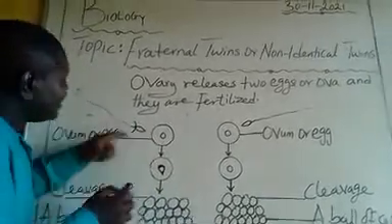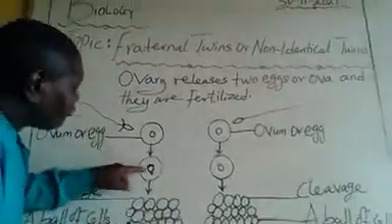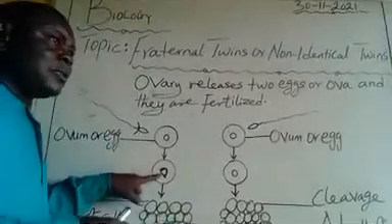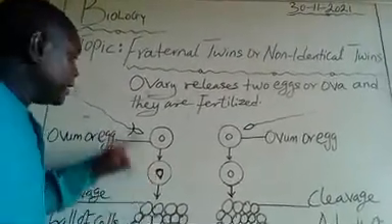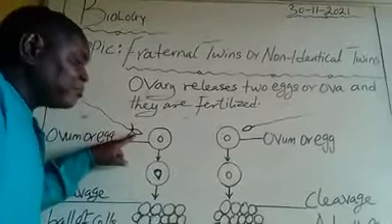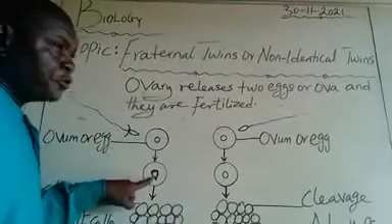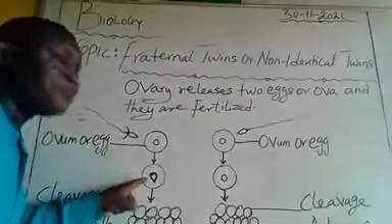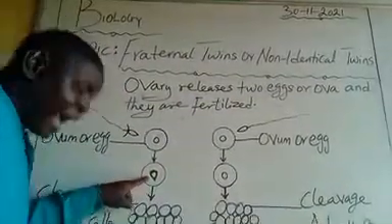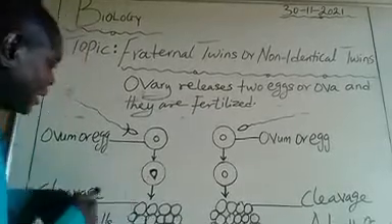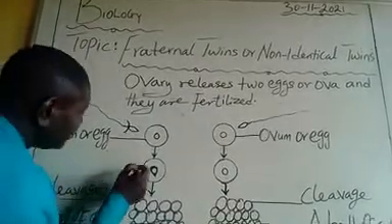As you can see, the sperm has fused with the ovum. The nucleus of the sperm has fused with the nucleus of the ovum. Here we have a fertilized egg or fertilized ovum. I'm going to write it now.